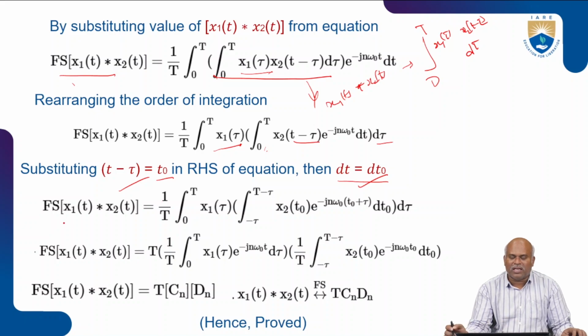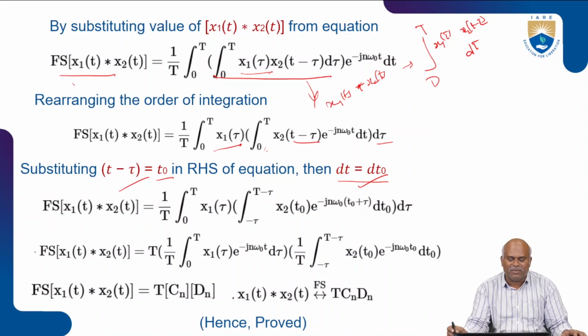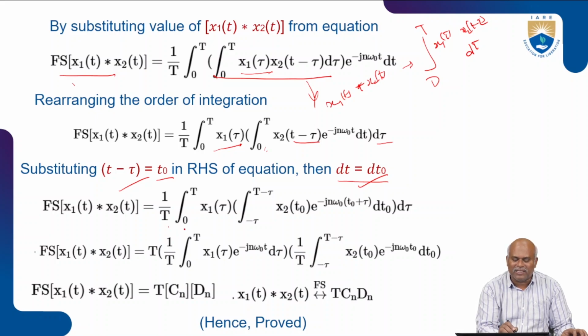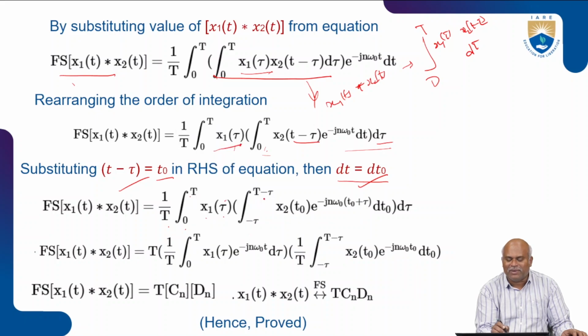So now the Fourier series of x1 of t convolution x2 of t is equal to 1 by T integration of 0 to T x1 of tau. This one we can write the same. In this place only we changed: integration of minus tau to T minus tau. Why? Because we changed the interval. So x2 of t0, then e power j n omega 0 (t0 plus tau).